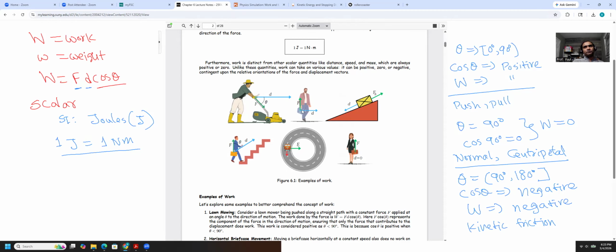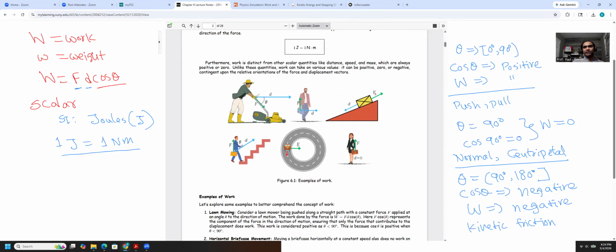Surprisingly, this one is exactly the same thing, but instead of walking on the stair, you are walking in the horizontal plane. Now your force is again upward, force against gravity, right? But the displacement is perpendicular. So this angle is 90 degree. That means this person does no work here on this bag.